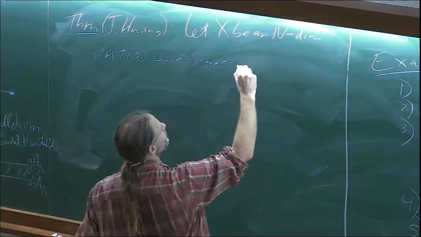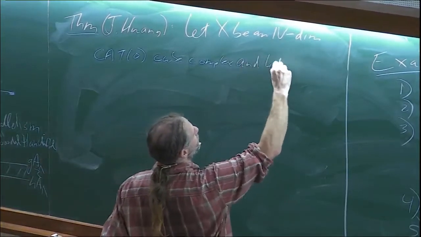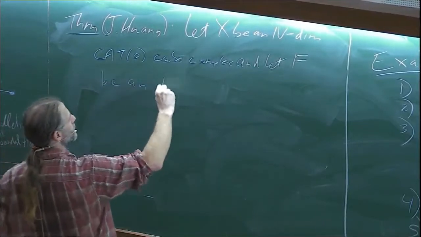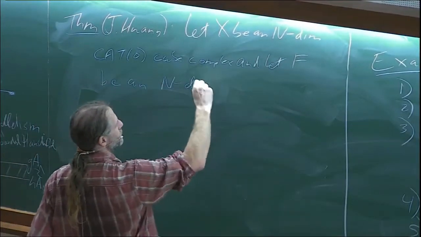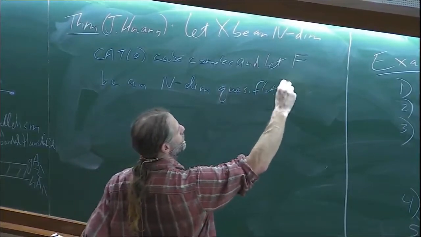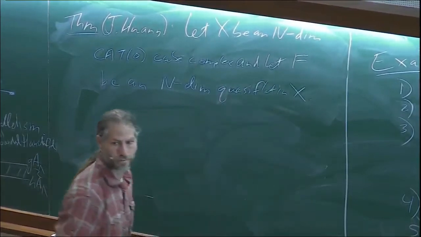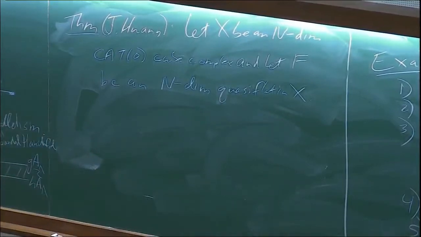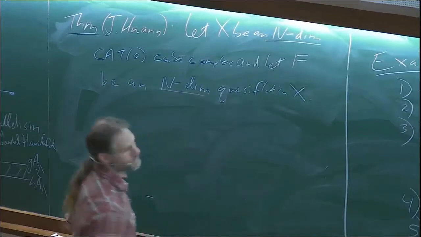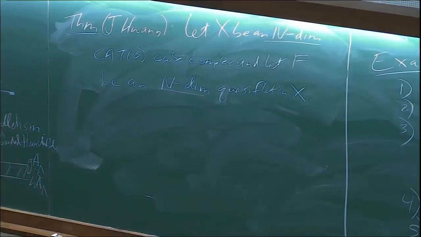And let capital F be an n-dimensional quasi-flat in X. So these two things have the same dimension: the dimension of this CAT(0) cube complex and the dimension of this quasi-flat coincide for his theorem.